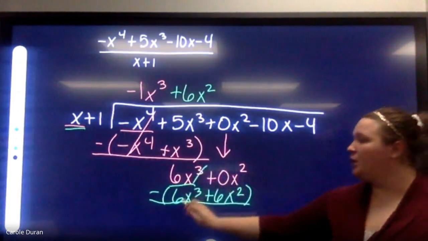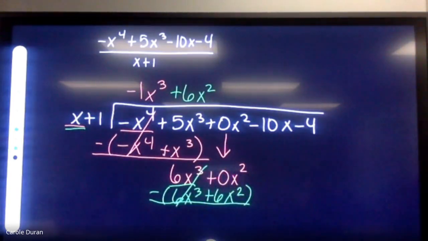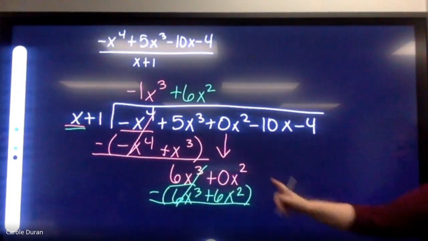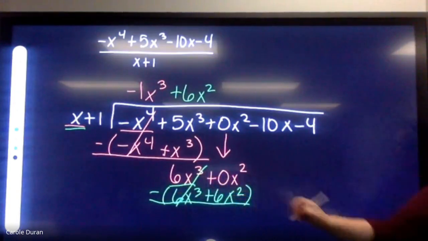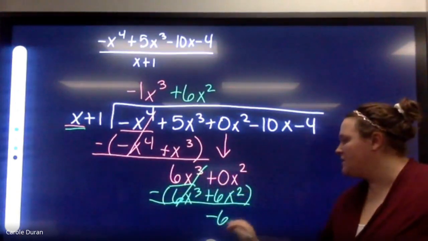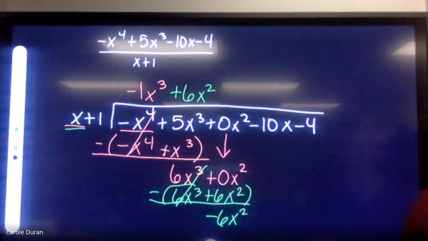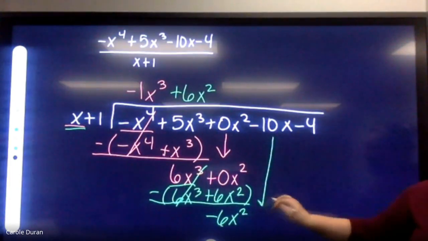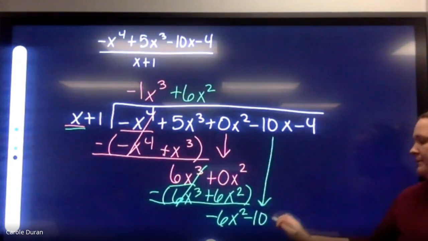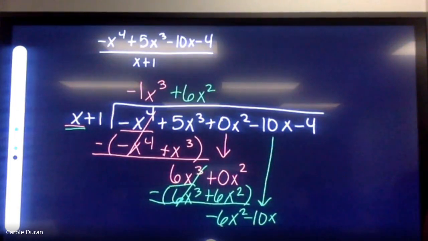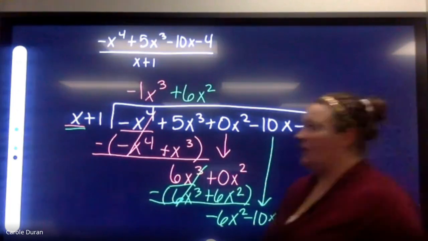The first terms will always cancel. That's why we do this. And then I have 0 minus 6, which is negative 6, and it's going to be an x squared. And then we drop down our next term. So now I have negative 6x squared minus 10x that I'm considering.